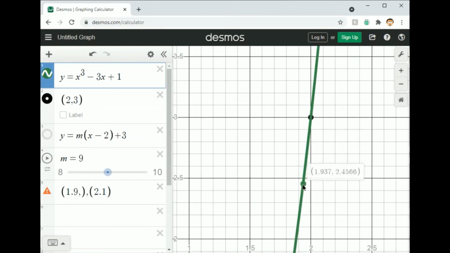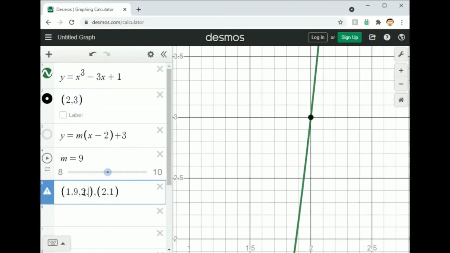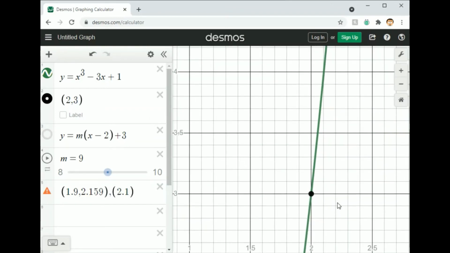So at 1.9, again, I could use the formula, but it's 2.159. And the other point at 2.1. Oh, I had it, and I lost it. .961.